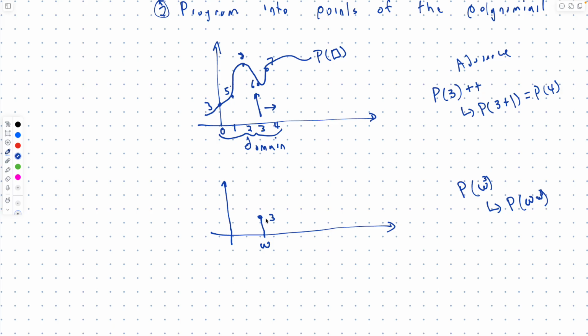We'll program them at these omega values instead. I'll show you what the omega values look like and how they work later; we don't need it for now. If this confuses you, you can continue to think of programming them at 0, 1, 2, 3, 4.